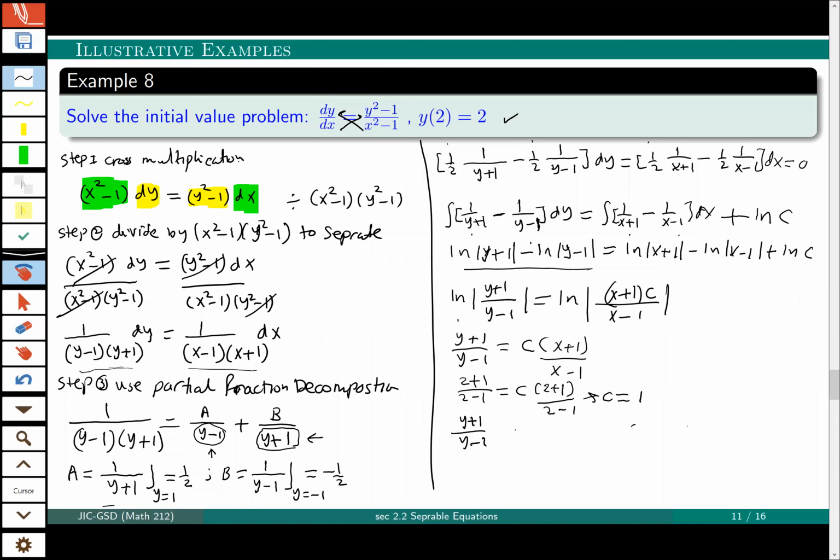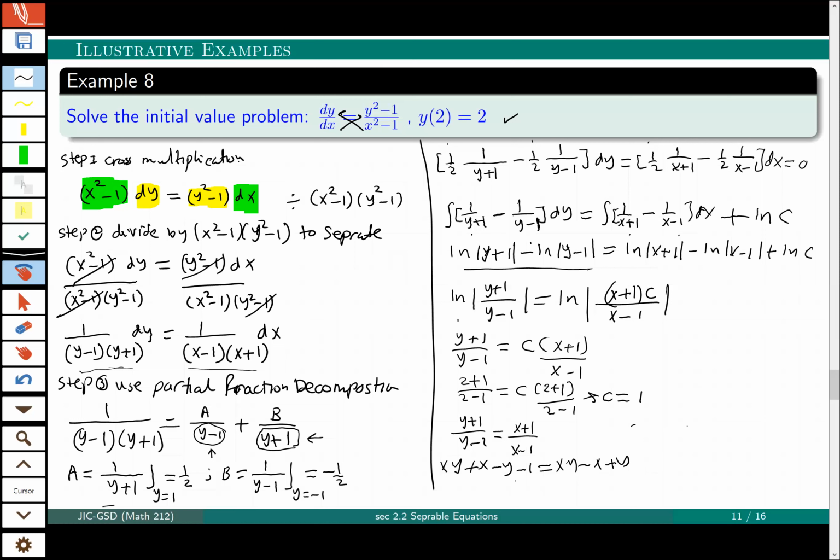If c equals 1, so y minus 1 equals x plus 1 over x minus 1. If I multiply, x times y will be xy, and x times 1 will be x, then minus times plus 1 is minus 1. That is equal to, again, x times y which is xy, and x times minus 1 which is minus x, then 1 times y gives plus y, and 1 times minus 1 is minus 1.